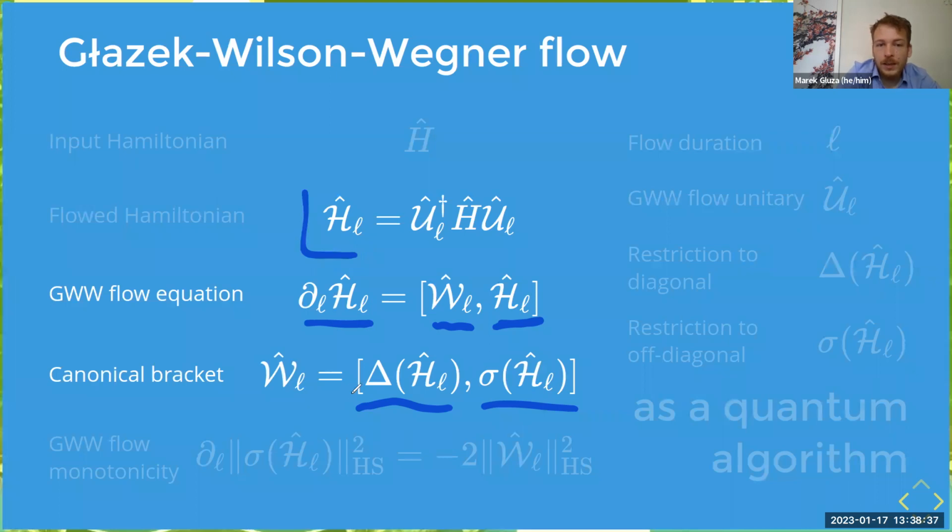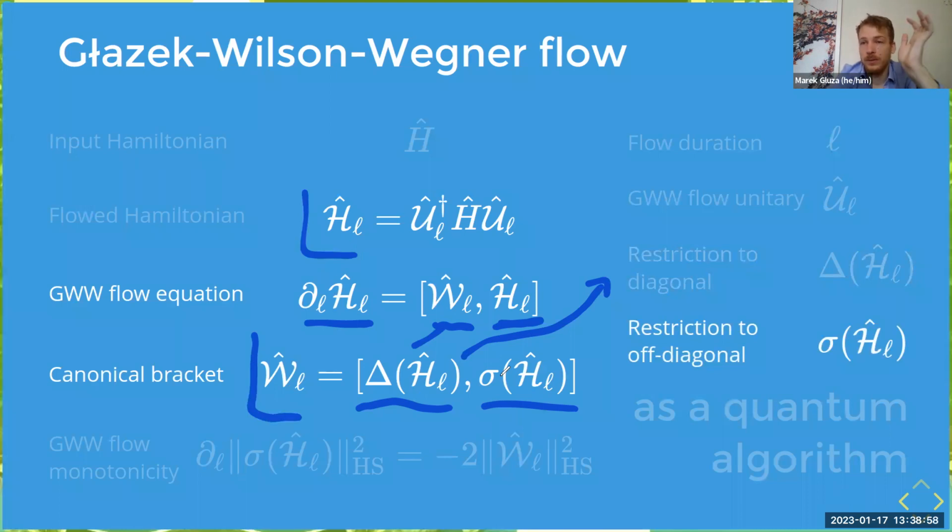So this canonical bracket that is coming into play here has 2 ingredients. The first ingredient in the commutator here is the restriction to the diagonal, delta for the diagonal, and then sigma, which looks like an O, is for the off diagonal. The way you define them is basically you take a matrix, a flowed Hamiltonian at some flow duration, and then you just take out the diagonal. That's the diagonal restriction.